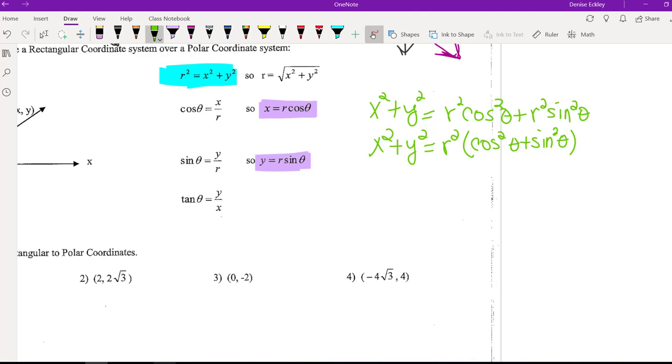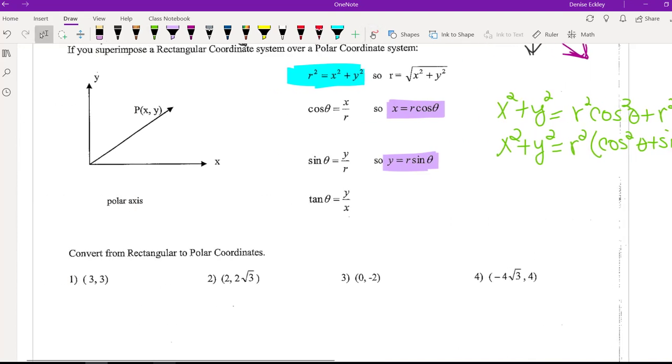And to get theta, we usually use the idea, if you look at the graph here, that you have this angle theta here. And if we make a right triangle, what we have is that this is our y, this is our x, and so the tangent of theta will be y over x.